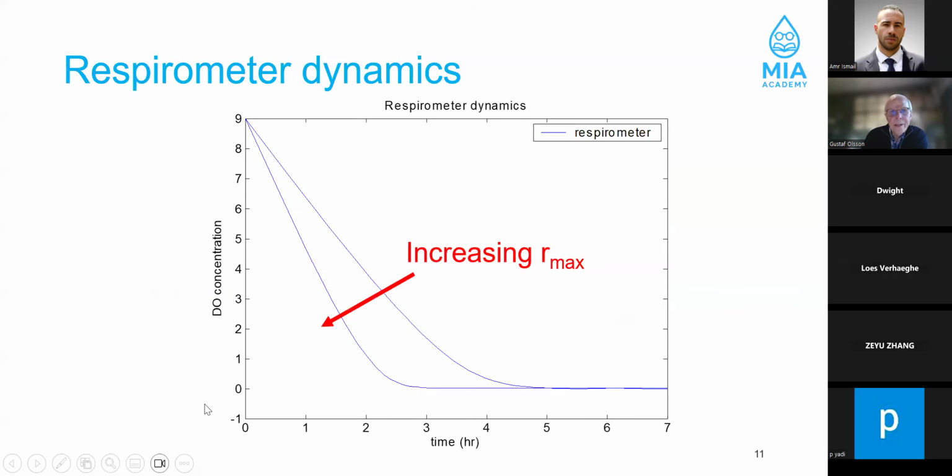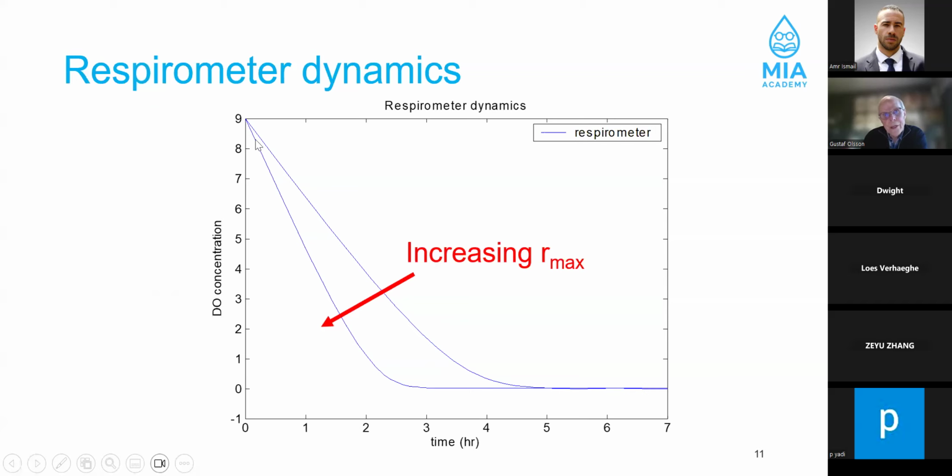And you can see that in this simulated curve here, we start at 9 milligrams per liter of DO. And at first, the respiration rate is not depending on the level of DO. The Monod term in the DO here is almost equal to 1. But as you approach 0, then you cannot have the same rate of respiration.